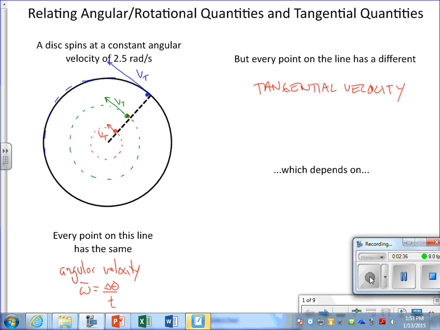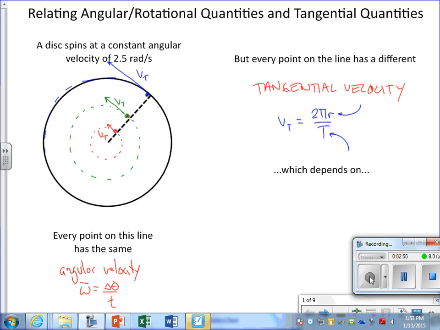And remember, we had an expression for tangential velocity, 2 pi r over t. All right, not 2 pi radians, right? This is actually the radius of the circle. This is the amount of time it takes to go around once, right? This is a distance divided by a time. So it really gives us a speed, right?